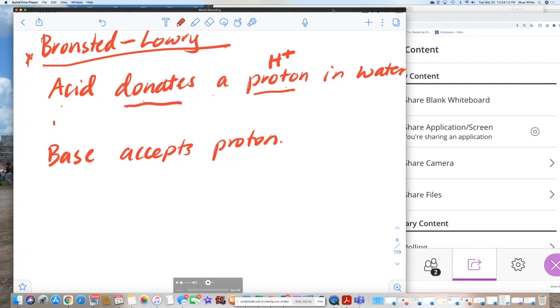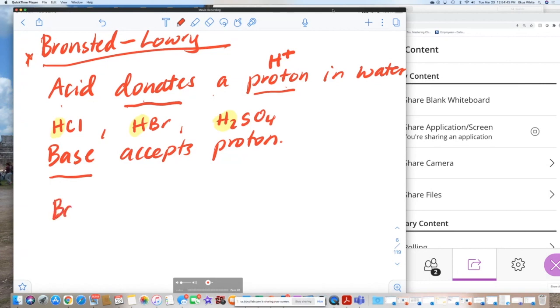Just like we saw before, the acid, like HCl, HBr, H2SO4, since all these have the hydrogen ion, therefore the proton, they're able to donate that hydrogen ion slash proton in water. But this time the water is not necessarily taking the proton.